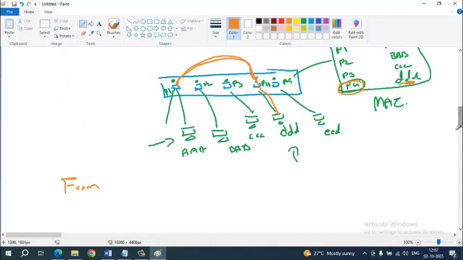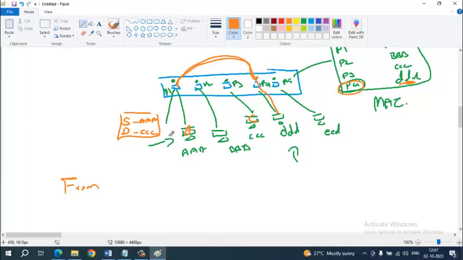For example, if computer A is talking to computer C, the packet will be like this. Source MAC address is AAA. Destination MAC address is CCC.